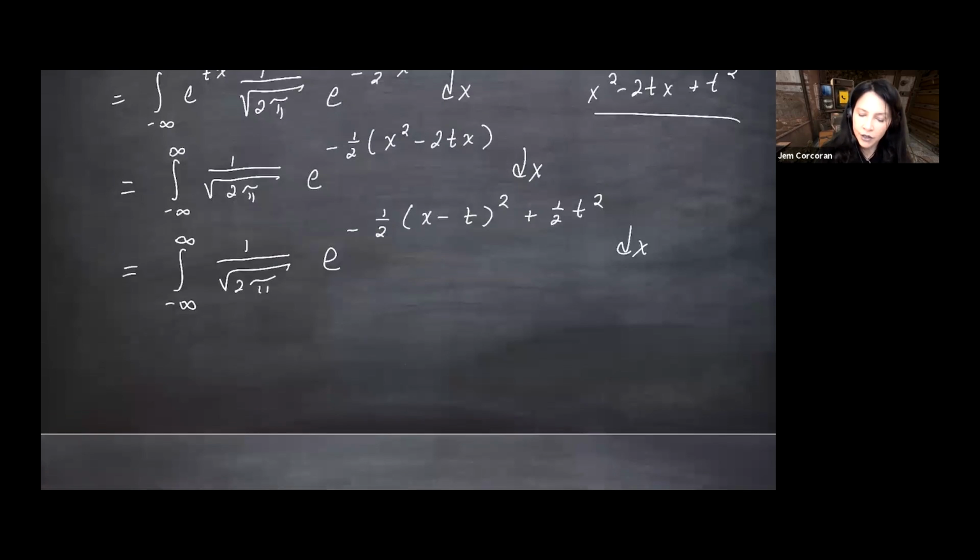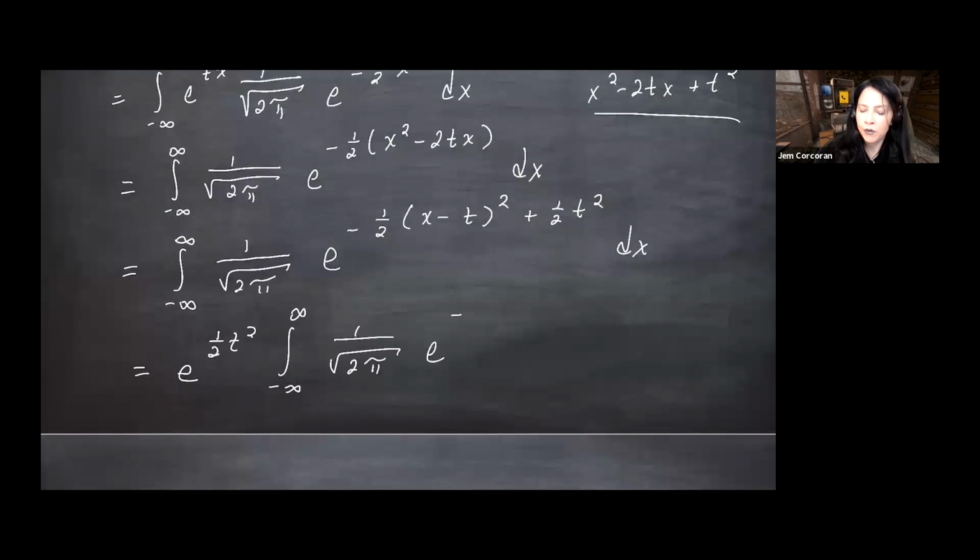Okay, so if you factor that e, you've got an e to the 1/2 t squared, and then the rest of it is the integral of a normal distribution. If you go and look at the PDF we wrote down today, it looks like a normal distribution with variance 1 and mean t.